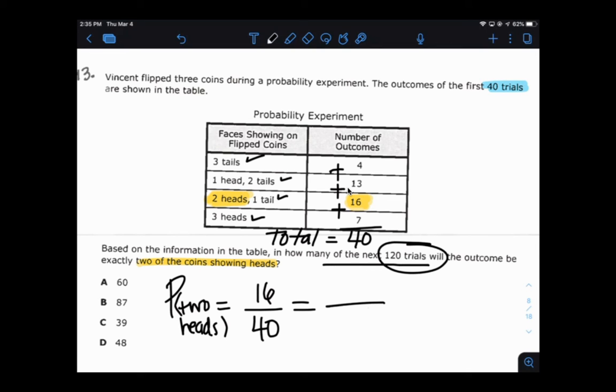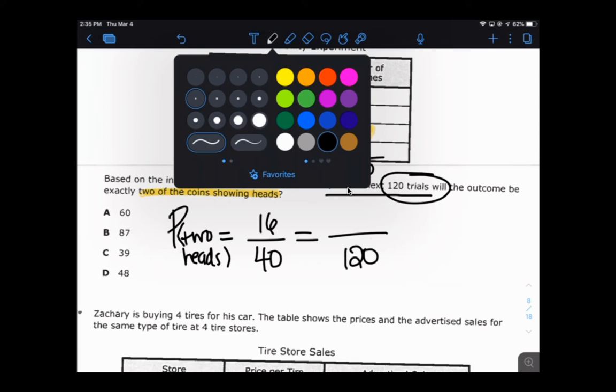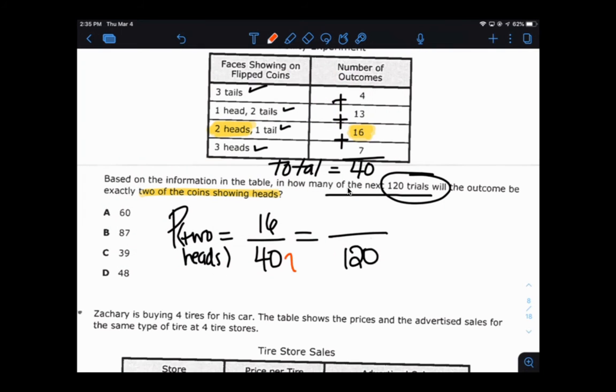I will write that 120 on the bottom part of this proportion. Then I go, okay, can I solve this proportion? Of course. 40 times 3 equals 120. 16 times 3 equals 48. So that's the prediction that we would have 2 heads on the next 120 trials. And the answer is right there, letter D.